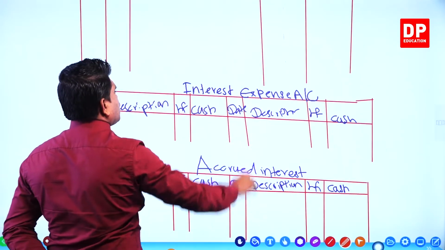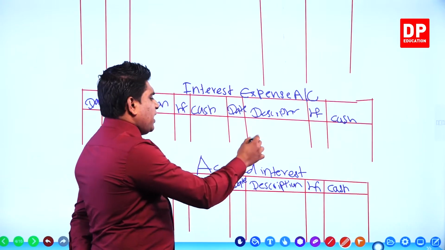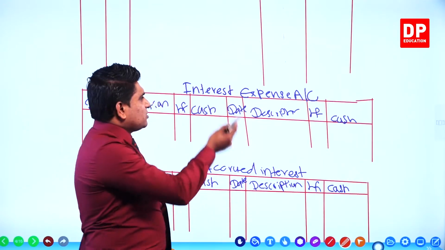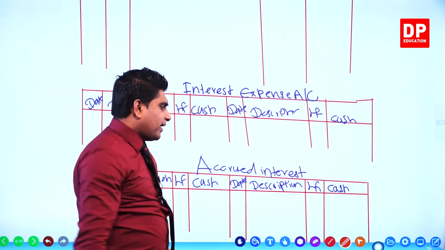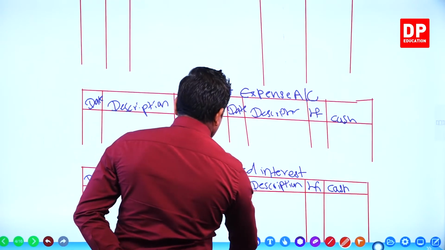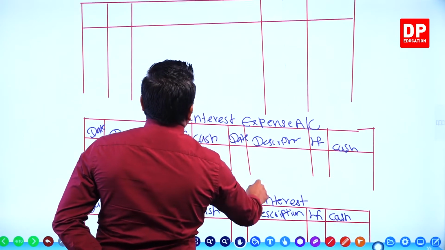Bank loan interest expense account, accrued bank loan interest account, but we can use interest expense, accrued interest, you know, this, right? Then general journal.